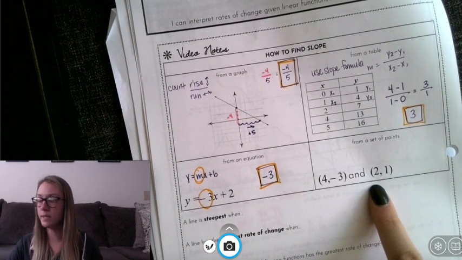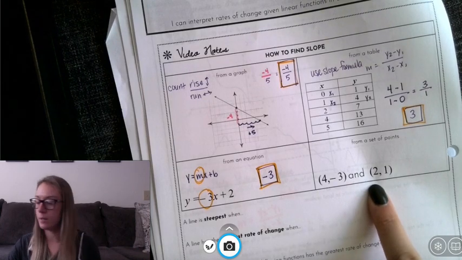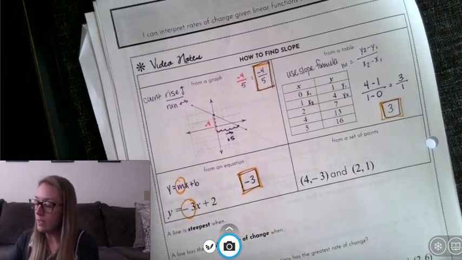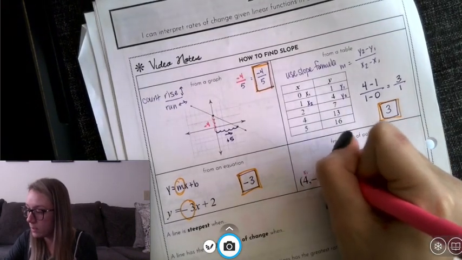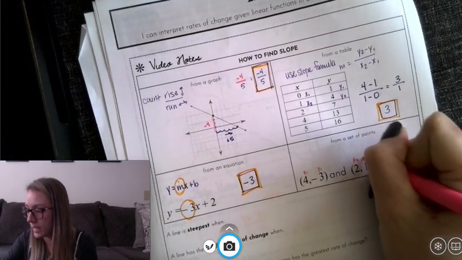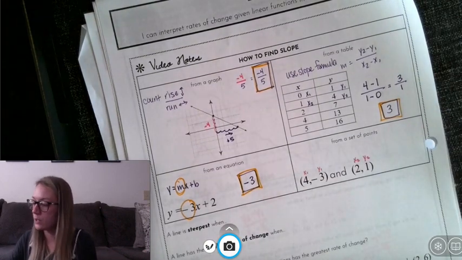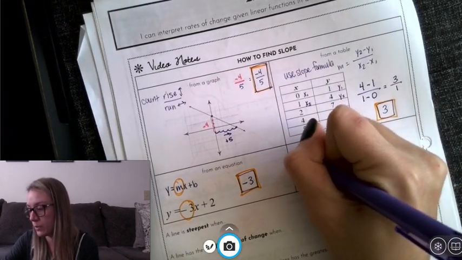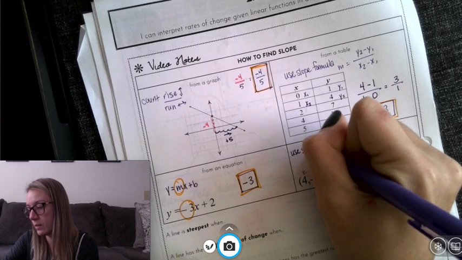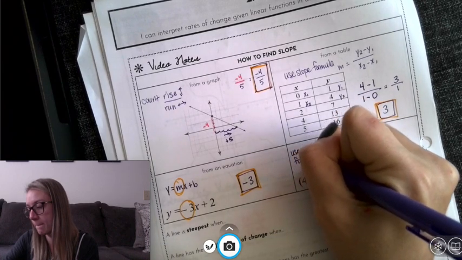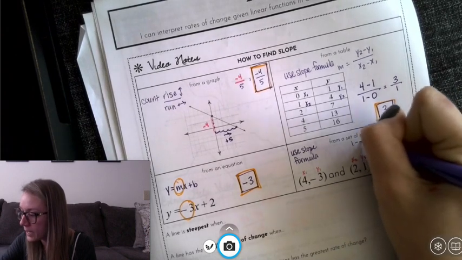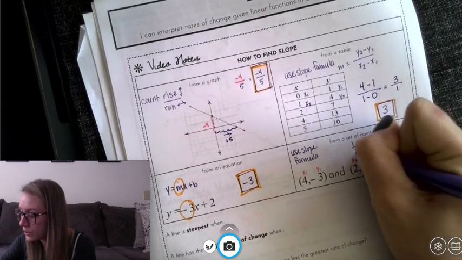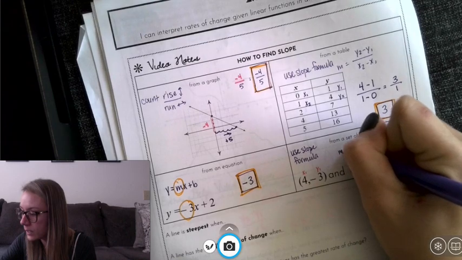And then the last one is what we did in 2.2.1. So I just want to label my points and use my slope formula. So from a set of points, we're going to use our slope formula. So we have y2 minus y1 over x2 minus x1.